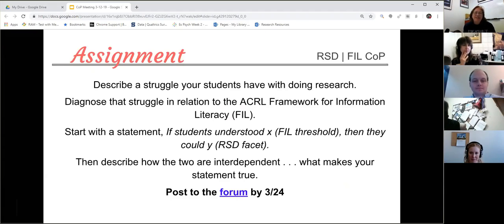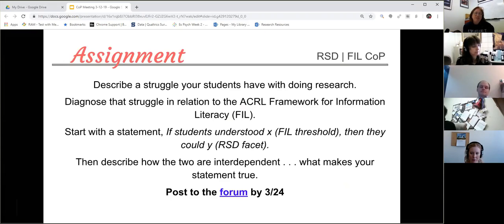Okay, so your assignment for this upcoming week or next 2 weeks is to take a look at your students again through the lens of the framework for information literacy. So describe a struggle your students have doing research, and then diagnose that struggle in relation to the ACRL framework for information literacy.